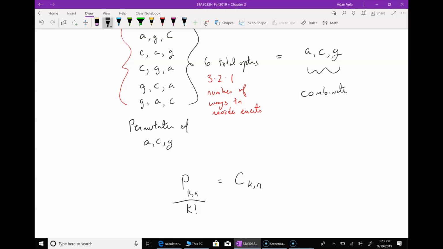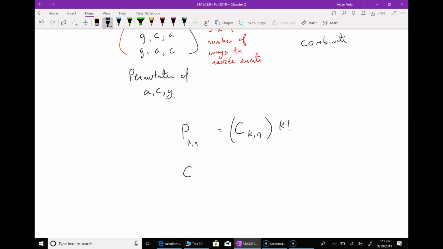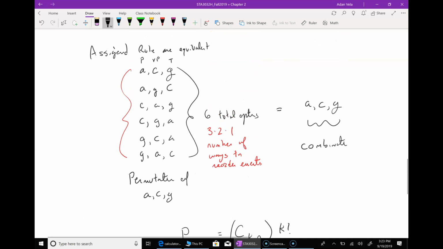Oh, no, not divided. Which way is it? Yeah, that's right. Okay, I always like it better this way. Yeah, the number of permutations is some scaling times the number of combinations. All right. But if you want to reverse that relationship, we can write it this way. Okay. And so again, the basic idea is we'll always have more permutations than combinations.